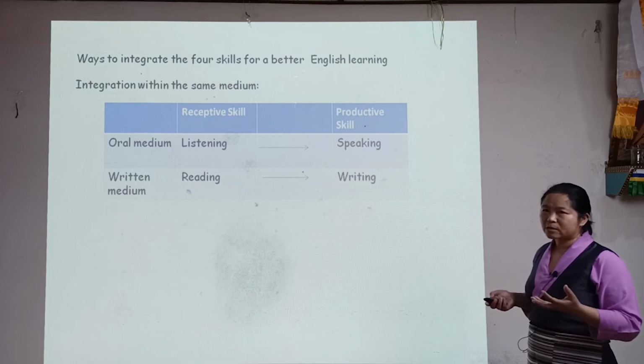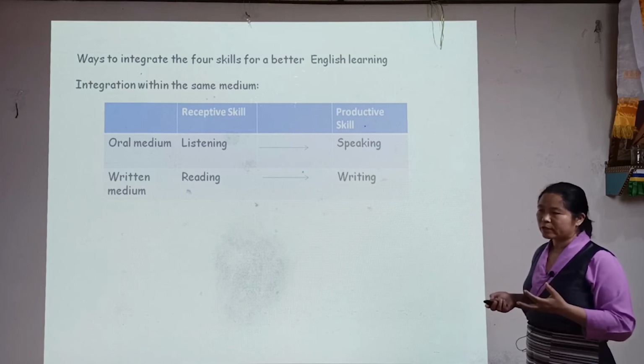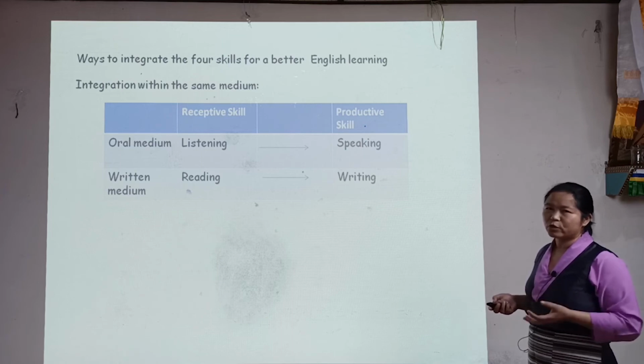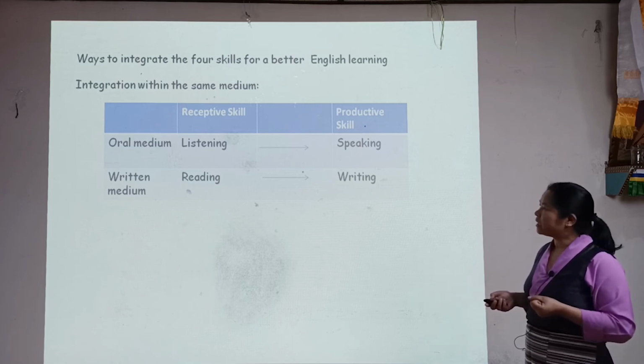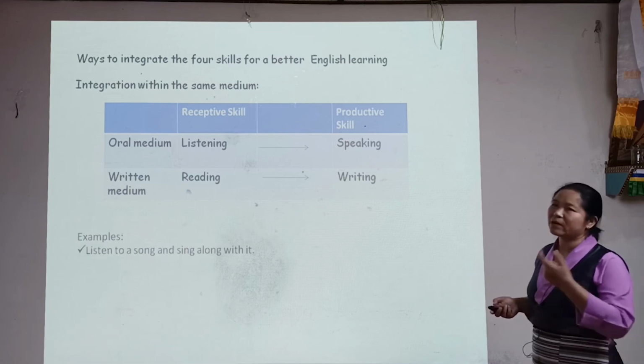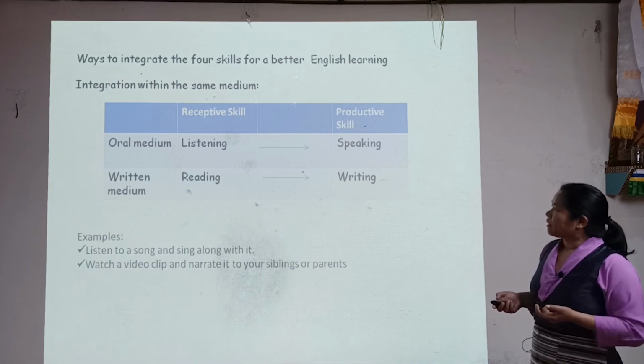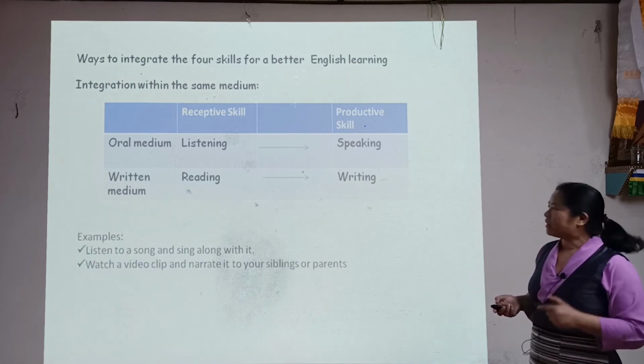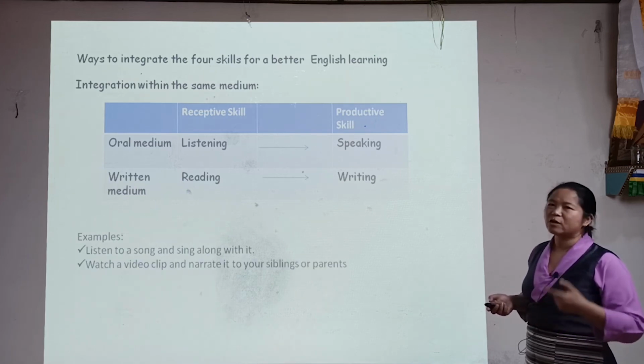Now, I would like to share a few activities or simple tips for the parents to help their children in the present situation to develop or learn English, with a few examples. The first example is to listen to a song and sing along with it. Watch a video clip and narrate it to your siblings or parents.